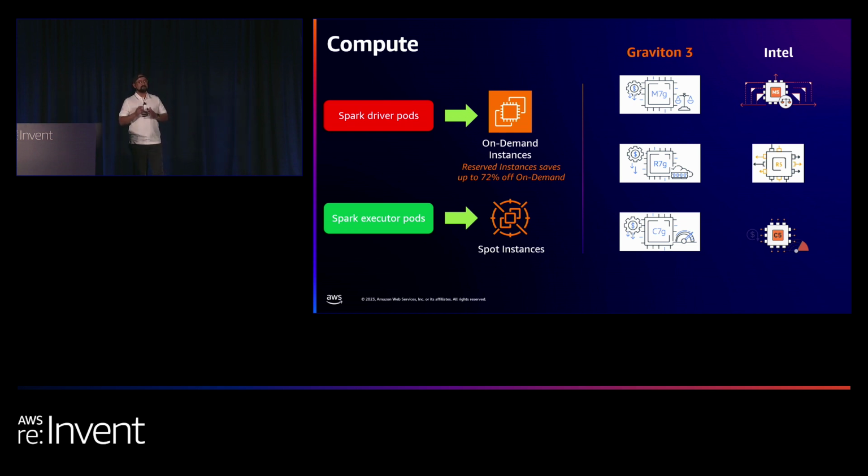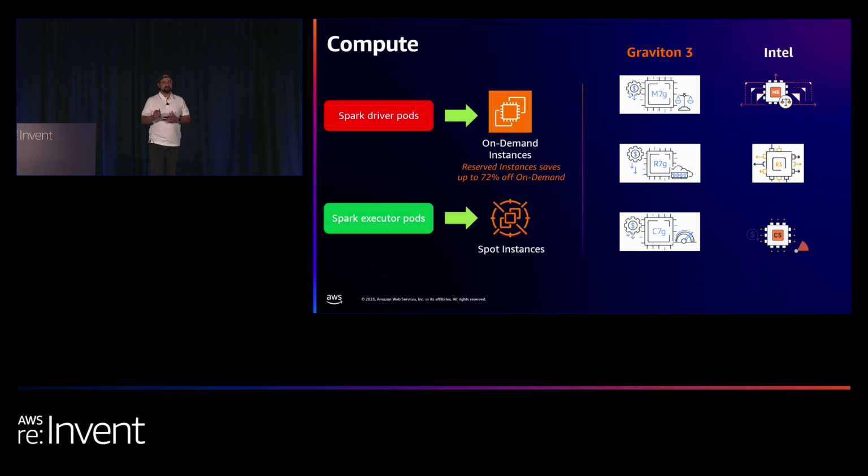To avoid that situation, we highly recommend you run the Spark driver on on-demand instances only. If that is not cost-effective for you, we recommend you look at reserved instances, which are up to 72% off from on-demand instances, specific to the Spark driver.